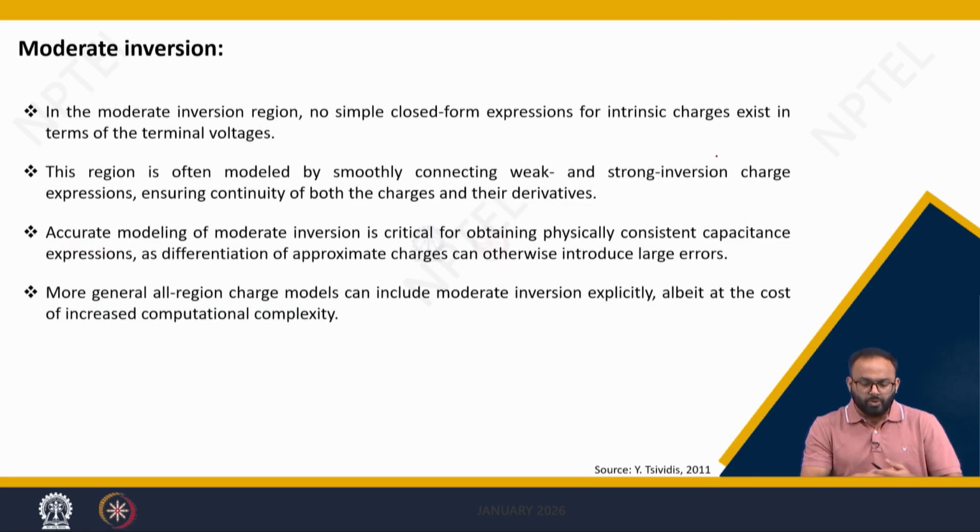Now, as we know, the modeling in moderate inversion is really complex, because in moderate inversion we cannot simply start with the drift equation or diffusion equation, as we do in weak inversion. Rather, we need to consider both drift and diffusion simultaneously, and we need to take utmost care when considering moderate inversion models.